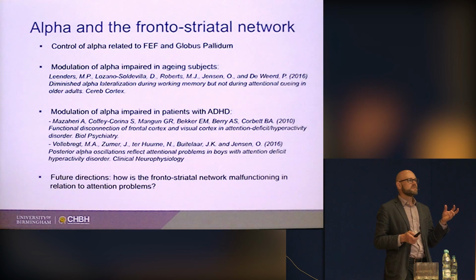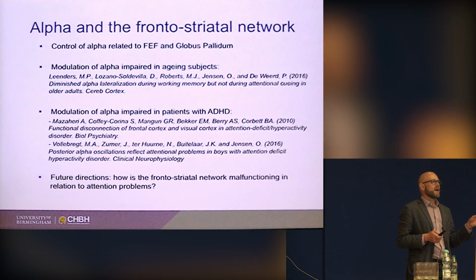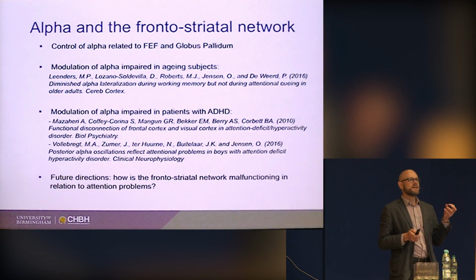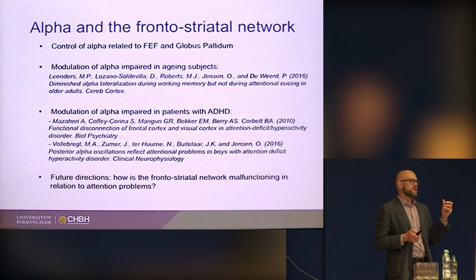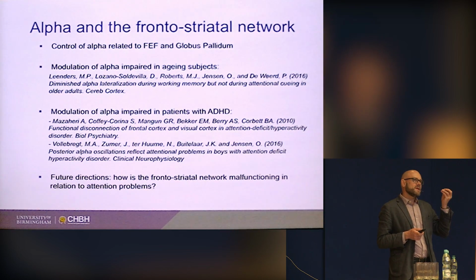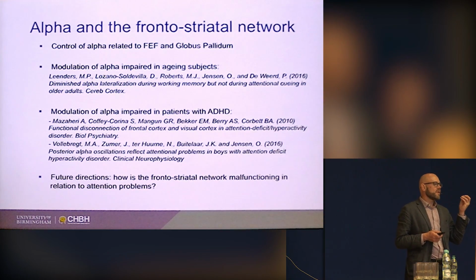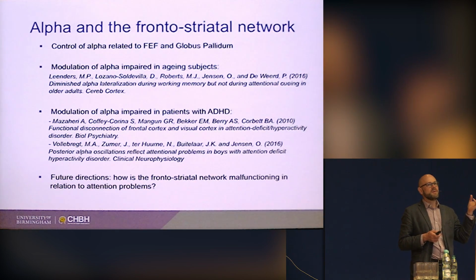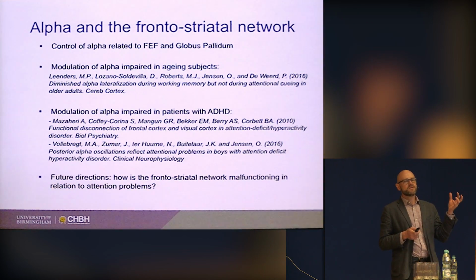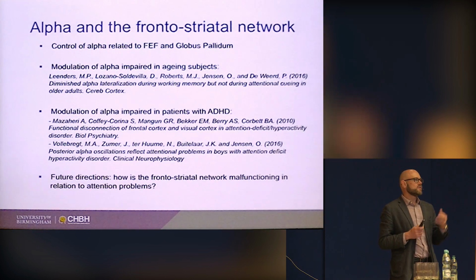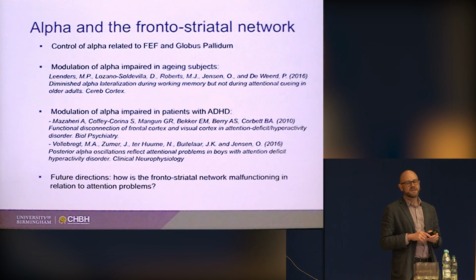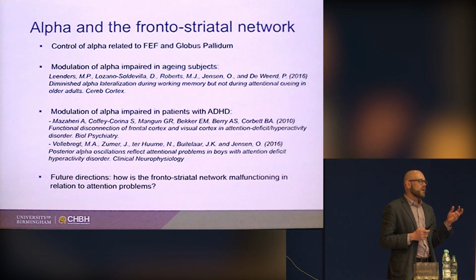We have also been able to demonstrate that these groups have a reduced ability to modulate their posterior alpha oscillations. So we are trying to make use of these findings in order to also identify the fronto-striatal network and the mechanisms there that might be malfunctioning in these patient groups, such that we eventually can do a better diagnosis and intervention, right? So there's also a translational element to this.